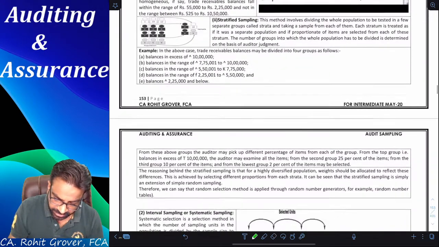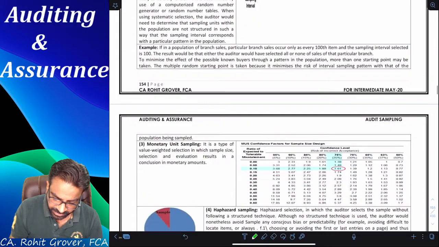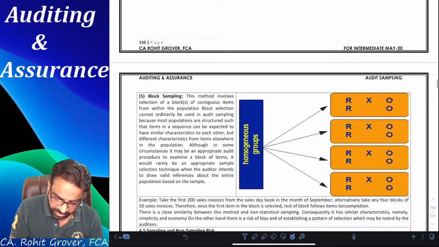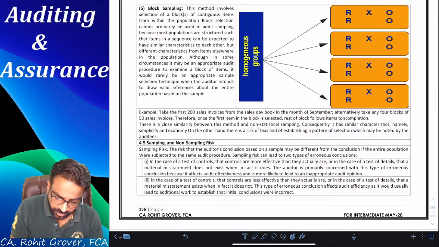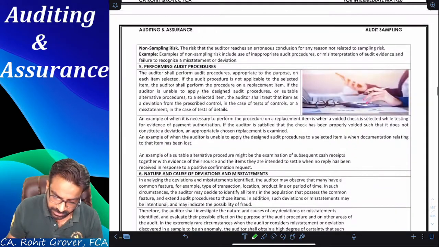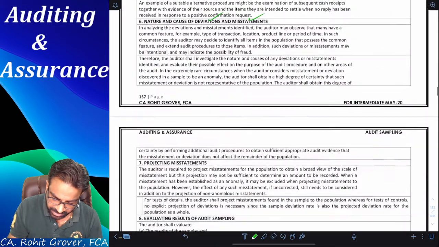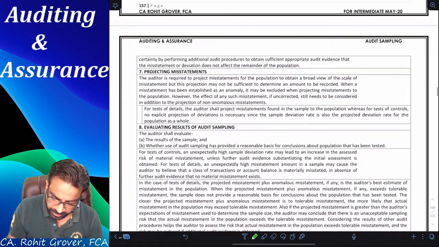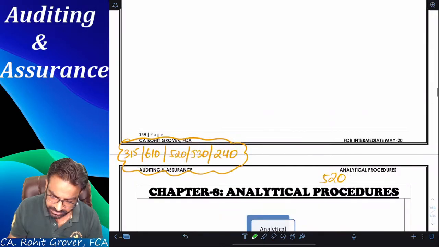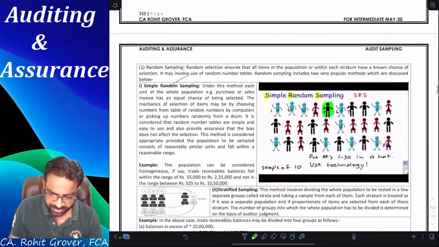The simple random selection method we are done with, stratified random selection and class interval methods we are done with. We are done with block sampling also. We know the difference between sampling and non-sampling risk also. And we know what we mean by deviation and misstatement also. We are left with one topic only, that is data analytics.